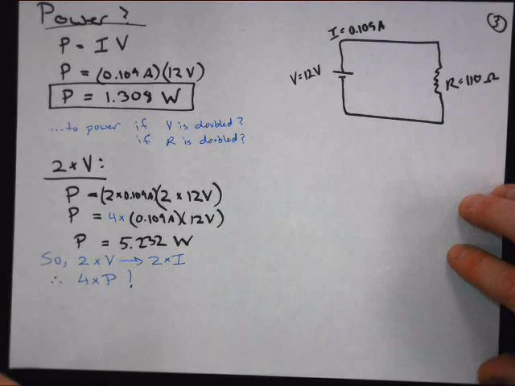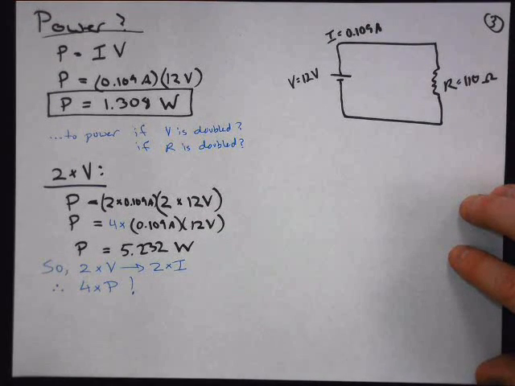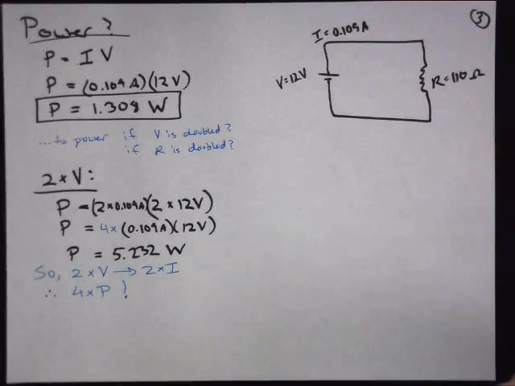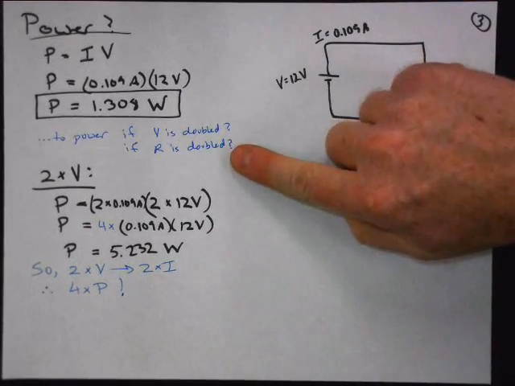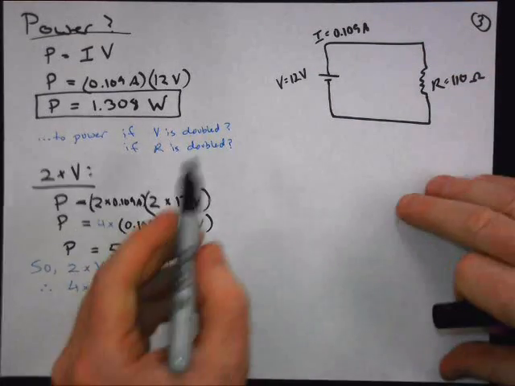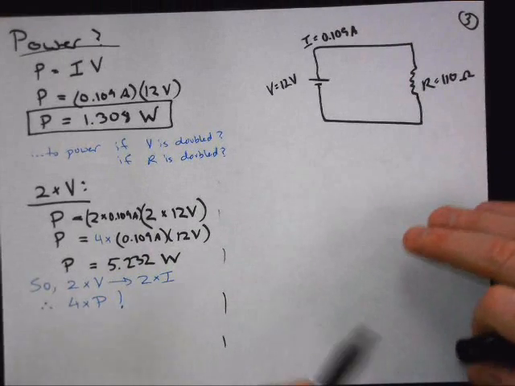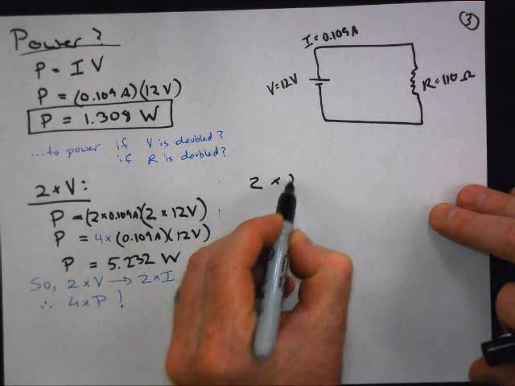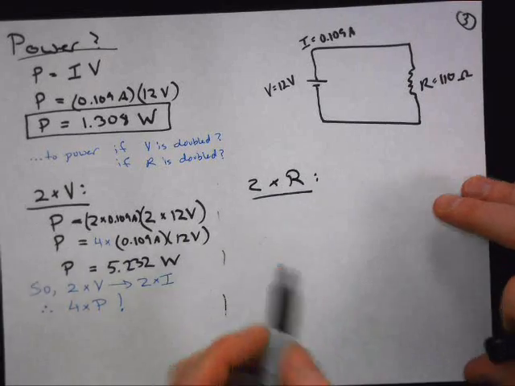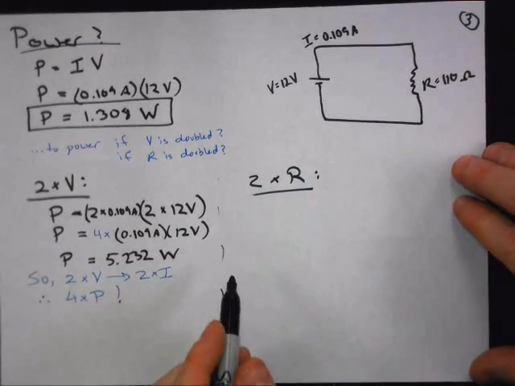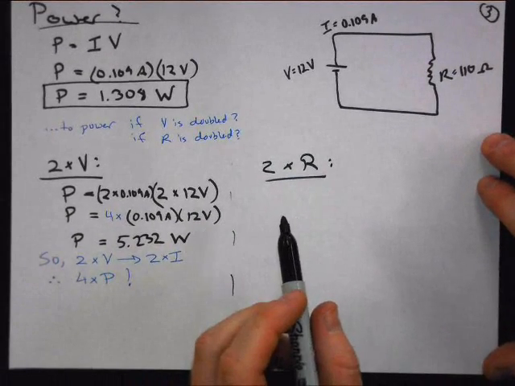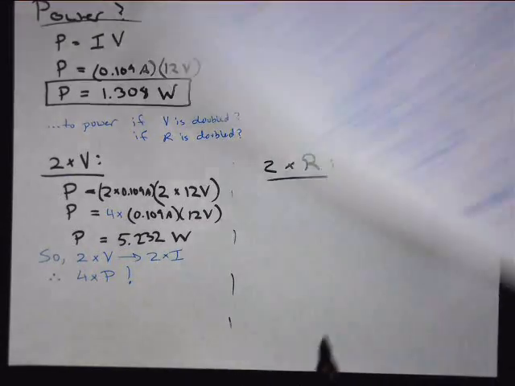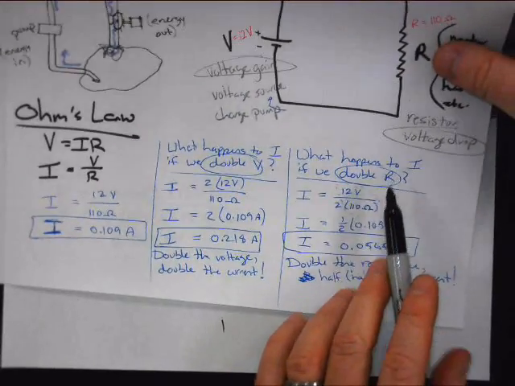Wow. Okay. Is the same thing going to happen when we mess around with the resistance? Let's find out. So now we're going to answer the second question here. If we double the resistance, what's going on? So 2 times resistance. When we doubled the resistance, did the voltage change?